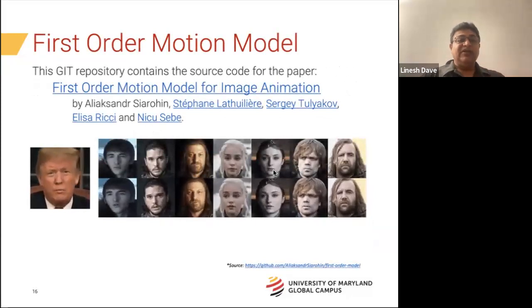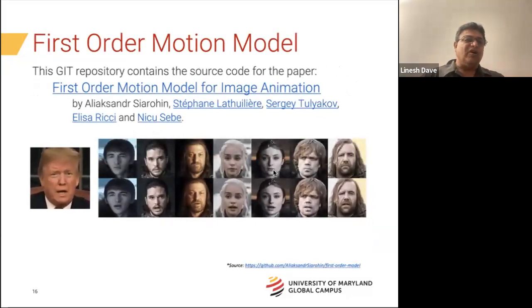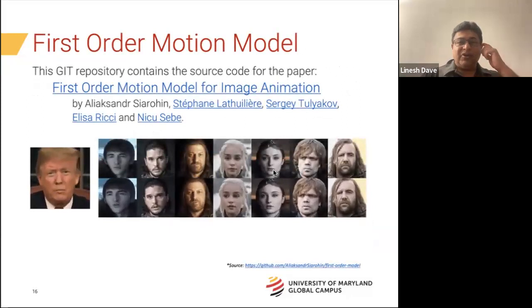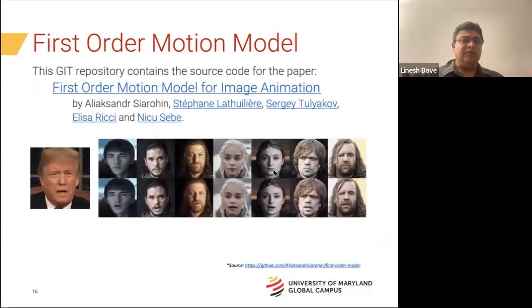One of them is this first order motion model, on a Git repository. I'm sure you probably know about Git, but it's a wonderful resource. There are many projects there where the source code is publicly available, and it has all the documentation on many of these sources.